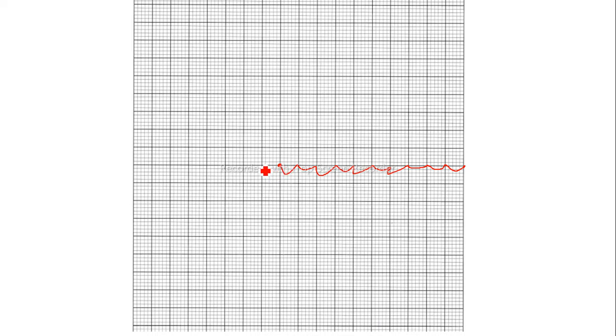And it's going to be -1, -2, -3, -4, -5, -6, -7, -8. Good. So now on the y-axis, we need to go up 10. So it's going to be 1, 2, 3, 4, 5, 6, 7, 8, 9. So right here is where we need to go.